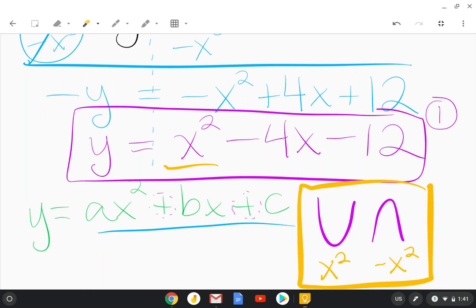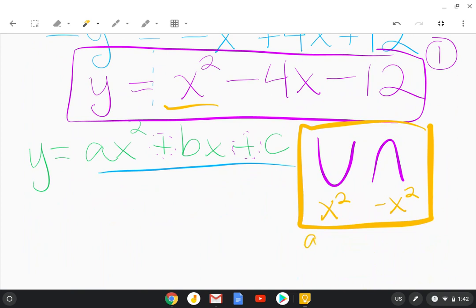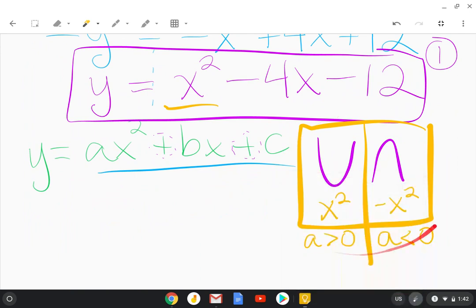And so what we'd say is, in this case, if a is greater than 0, and I'll write that, let me just add that in here. In other words, if a is greater than 0, then we have that. And if a is less than 0, then we have this one. So I will be posting these notes so you have this for yourself.